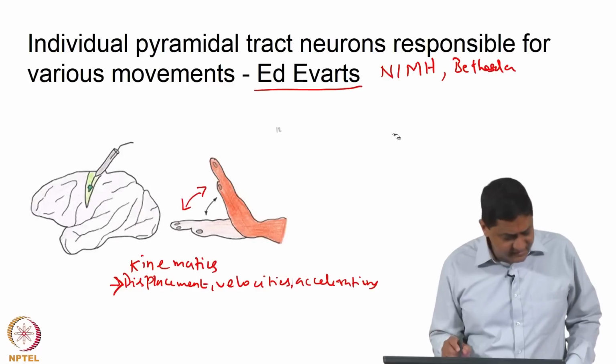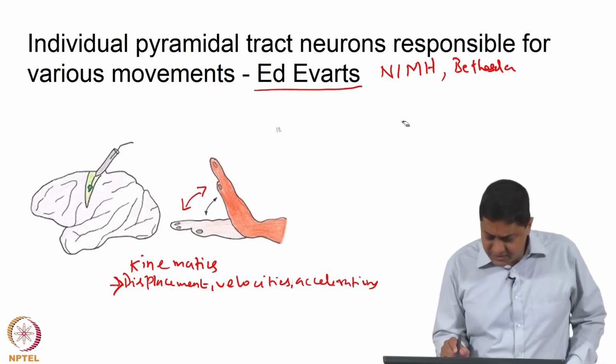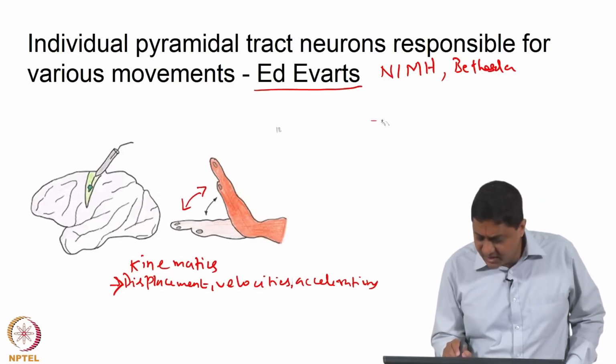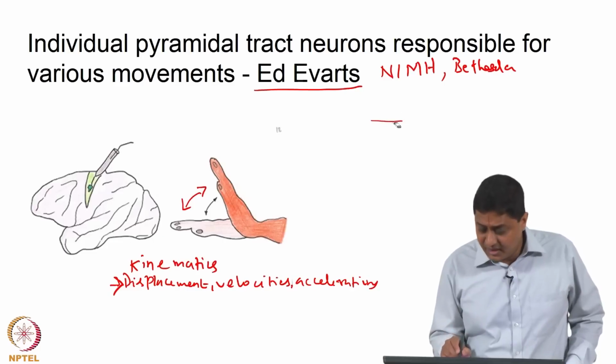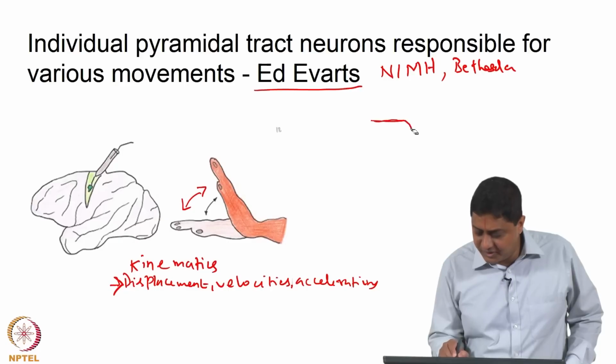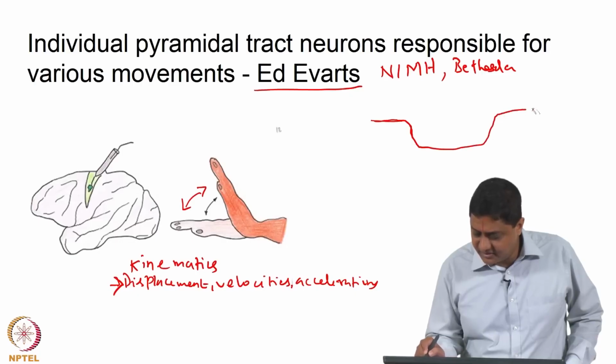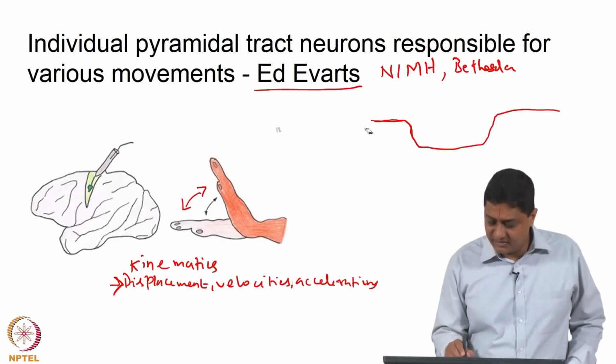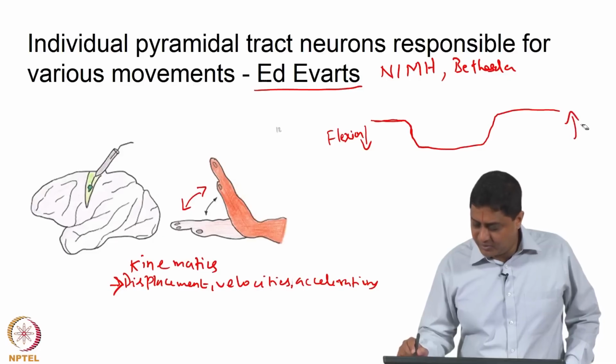So, what he found was that, let us suppose I am first drawing the kinematics of the movement. Let us suppose that flexion refers to going down in this plot, and then the animal is extending like that, right. This is the kinematics, this is flexion and if we go up we are extending. Okay.